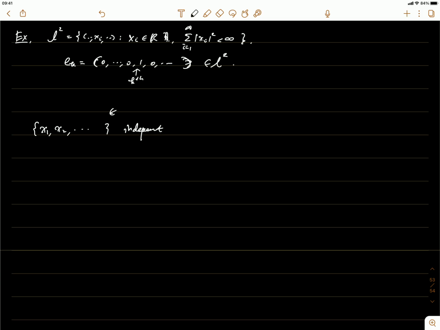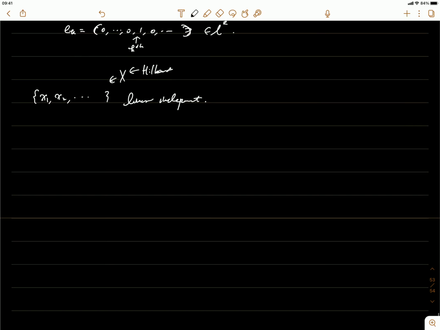These are all from X, a Hilbert space, or even just an inner product space. I should say clearly that they're linearly independent, and that means none of them can be written as a linear combination of the others. And we can do a Gram-Schmidt orthogonalization.